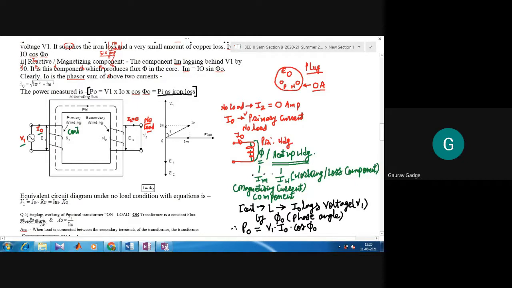One is the magnetizing component. So guys, IM is the magnetizing current and IW is the working component of it.